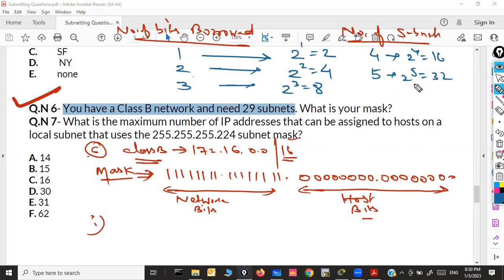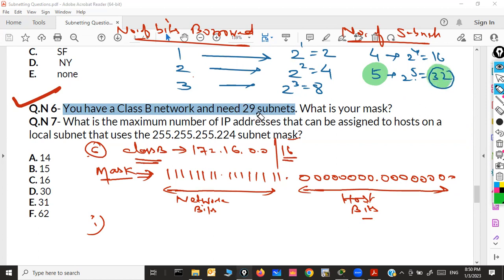And we need to stop here, right? Yeah, 5 bits. Because 32, right? We cannot get exactly 29. Even initially, you had something 5 correct, but the mask and the CIDR block were wrong, so let me get to that point also. So now we have decided we will borrow 5 bits in order to logically divide the network into 32 subnets.